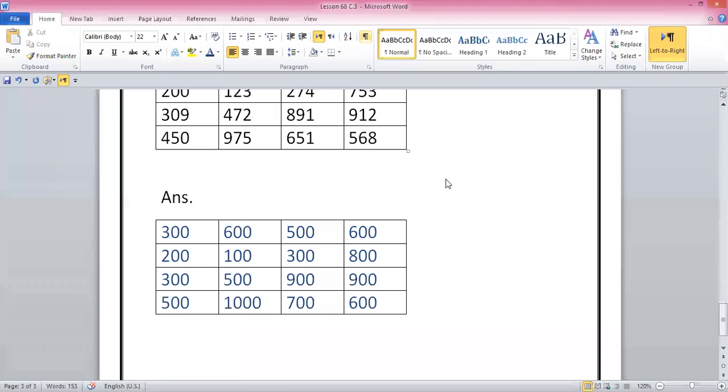If I ask you to count 500 plus 200 equals what? You will easily say, sir, 700. But if I ask you 567 plus 273 equals what? Then you will get confused.